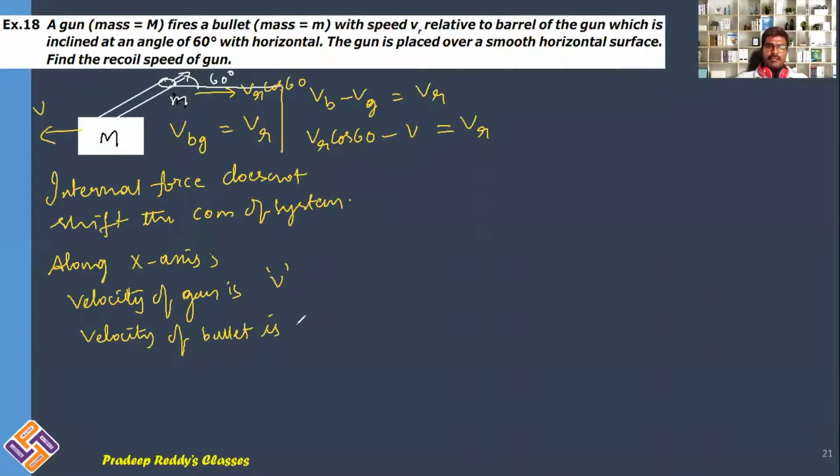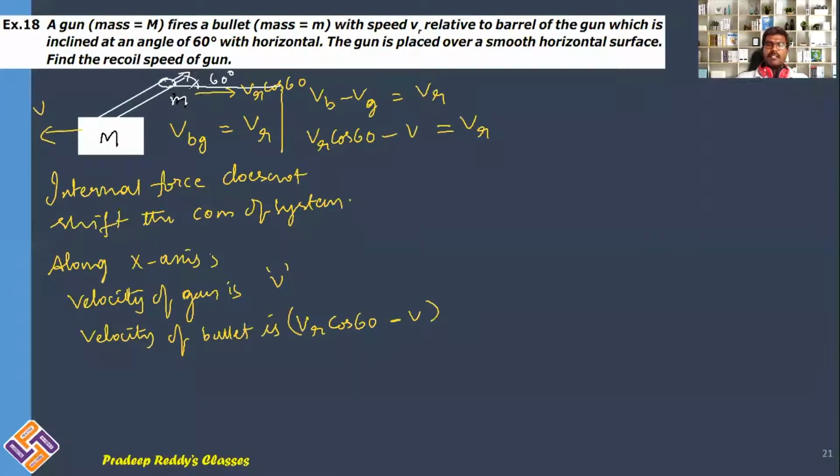It can be written as Vr into cos theta minus V. This is the velocity of the bullet, Vr cos 60 minus V. That is the velocity of the bullet relative to the gun.